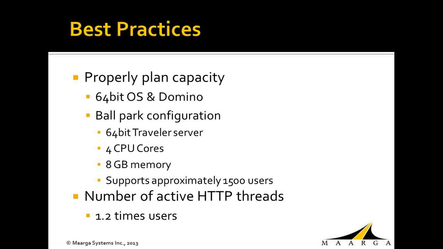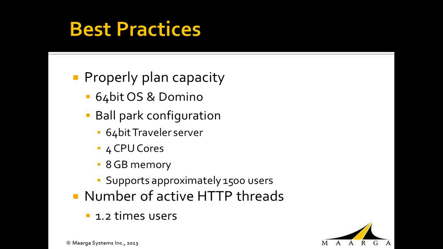And then some ballpark configurations that we have load tested and deployed. A 64-bit Traveler server, that is a 64-bit operating system running on 64-bit hardware, with 64-bit Domino and Traveler, with 4 CPU cores and 8 GB memory, supports approximately 1500 users.